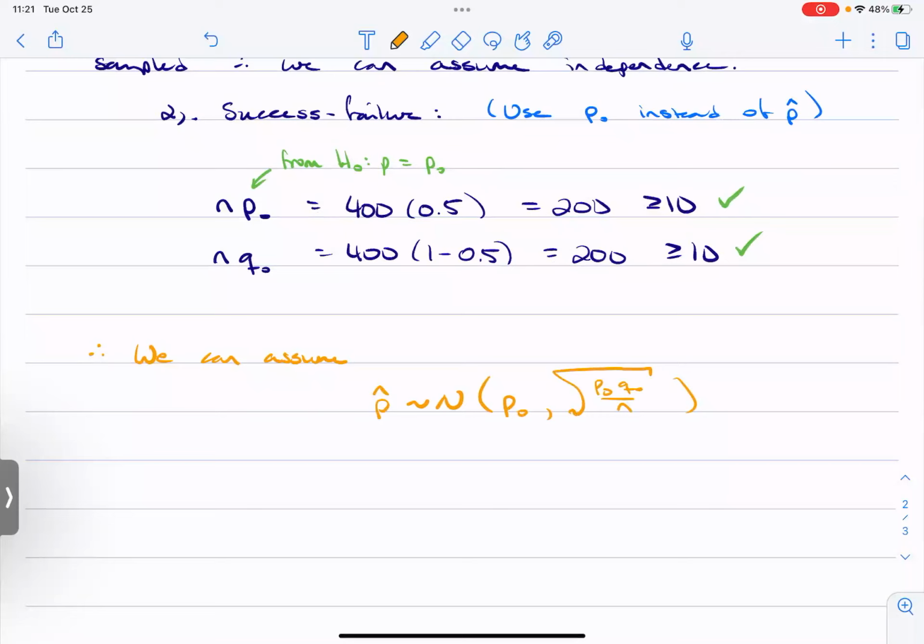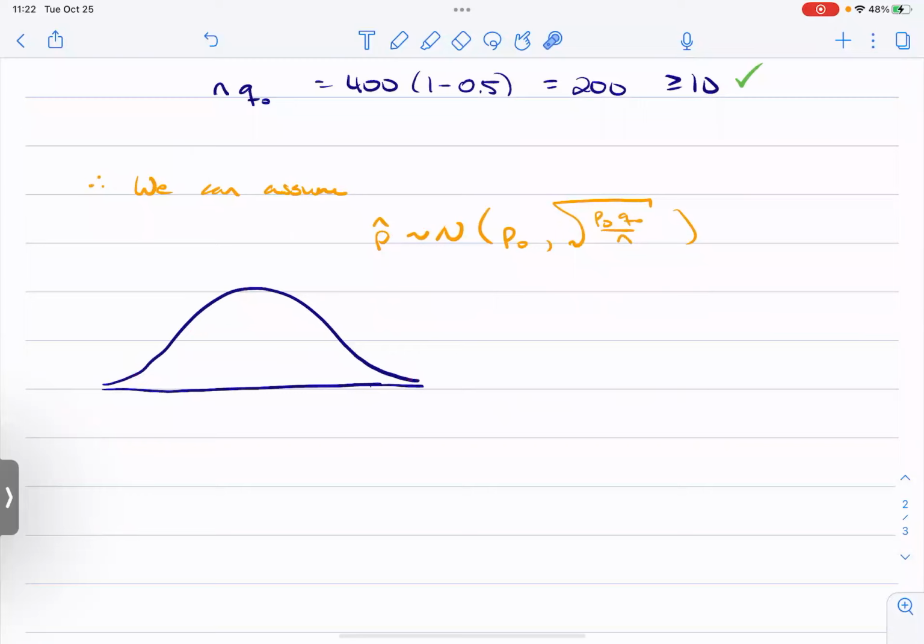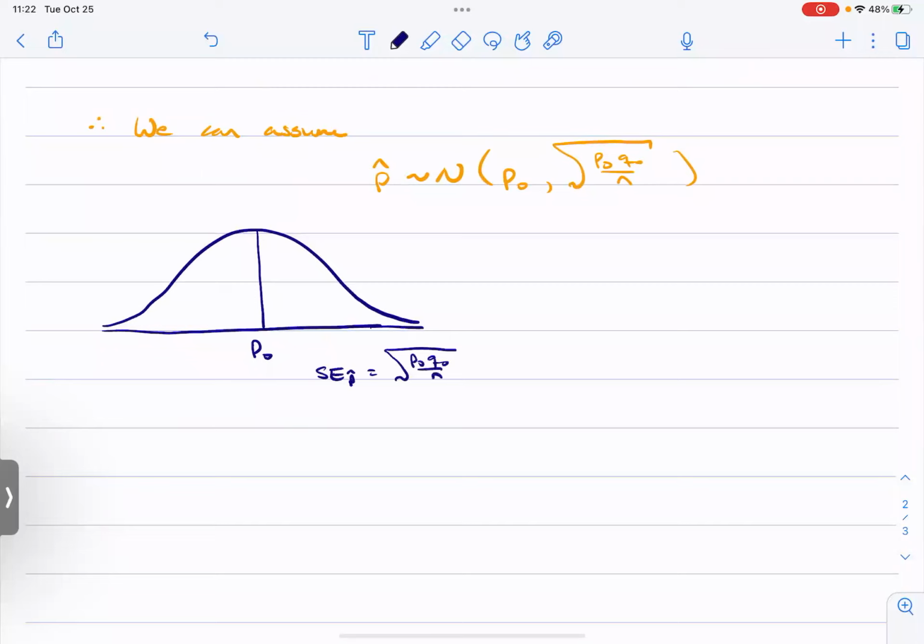All right. So here, what this is saying is that p hat is going to come from a distribution that is normal, centered on p naught, and the spread, the standard error of p hat, is the square root of p naught q naught over n.